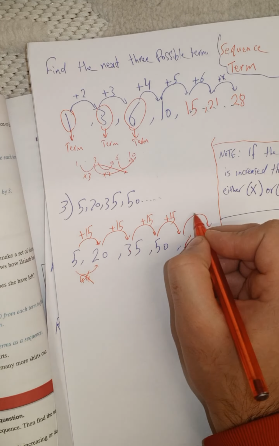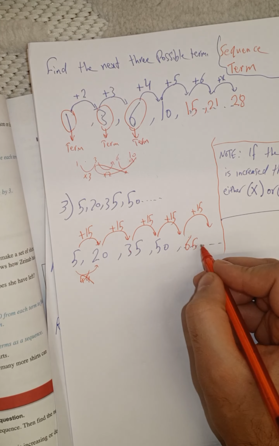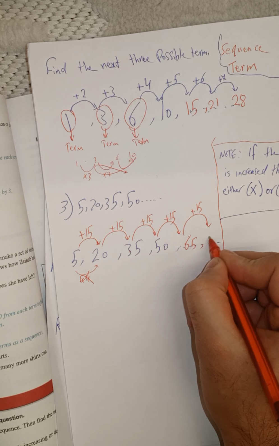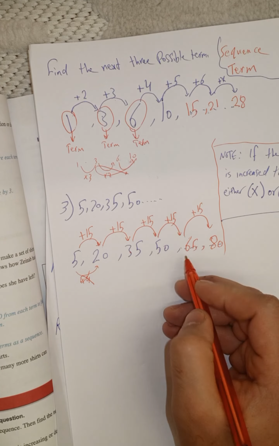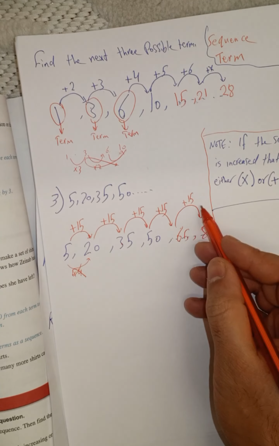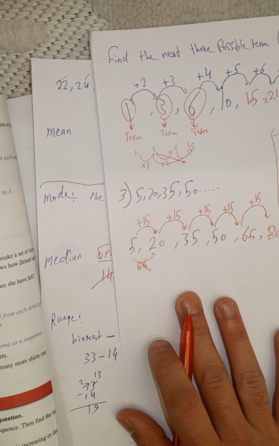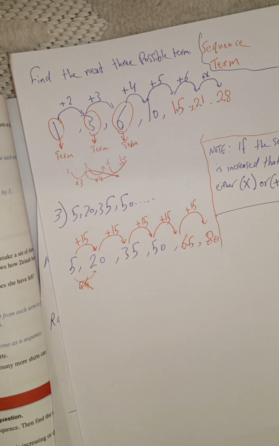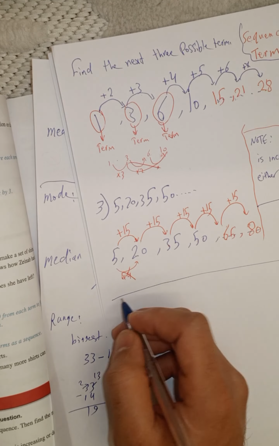Again, plus 15. 50 plus 15 is 65. 65 plus 15 is going to be 80. Okay, and another example is about multiplication. Let's say question 4.